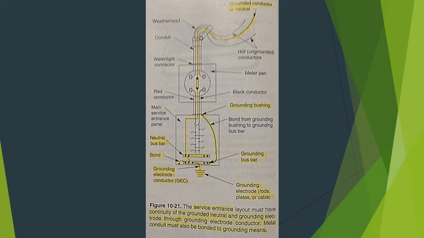This is done by means of the grounding conductor. This conductor connects the neutral lug of the meter housing or the neutral bus bar of the service switch or the service panel to the metallic water pipe system or to the metallic water supply pipe. For this, see figure 10-21.